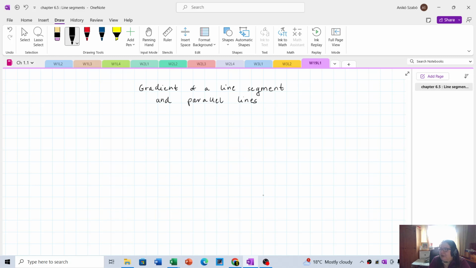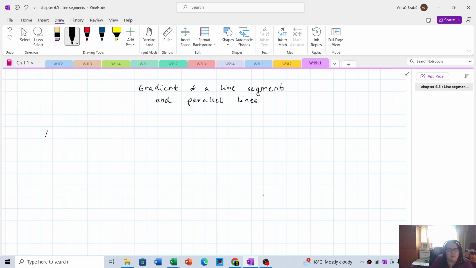So, the gradient of a line segment is the change in y divided by the change in x. In the case of a line segment, the change in y is the difference between the y coordinates, and the change in x is the difference between the x coordinates.